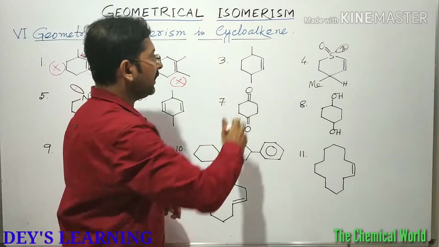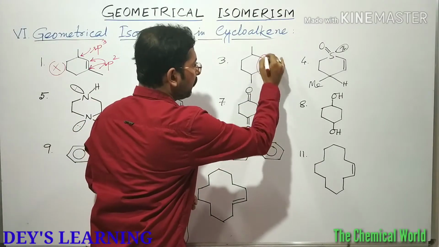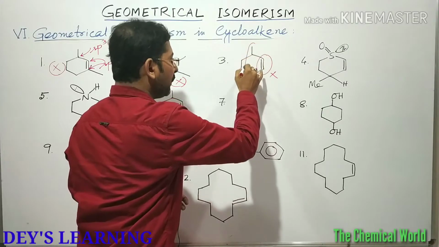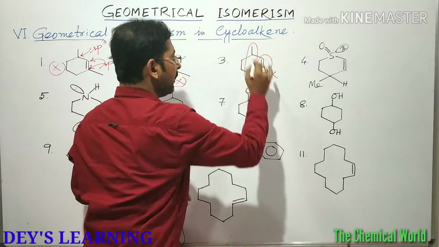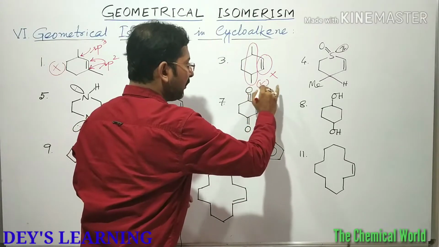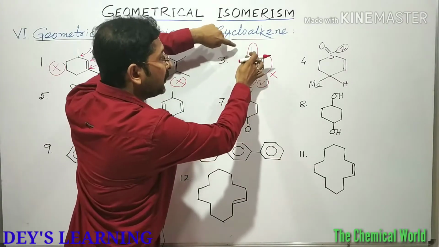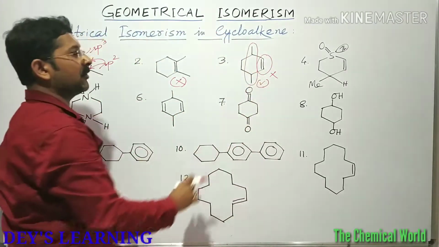In compound 3, around this double bond, geometrical isomerism is not possible, but around this ring it is possible because it contains two sp3 hybridized carbons with two different groups, methyl and hydrogen here, methyl and hydrogen here.